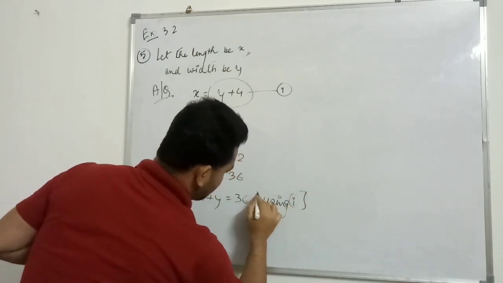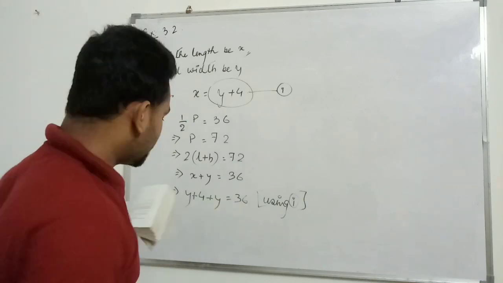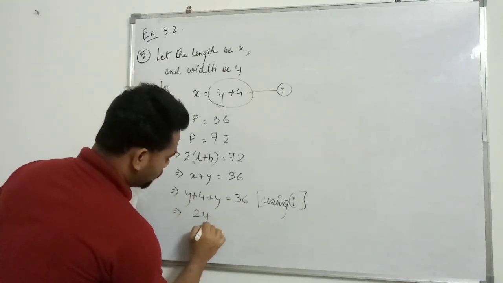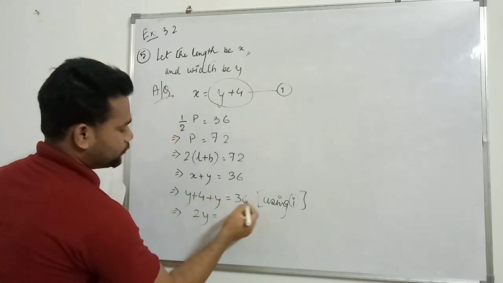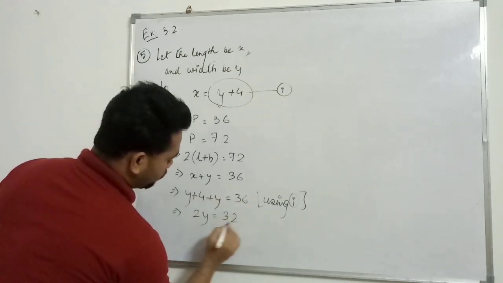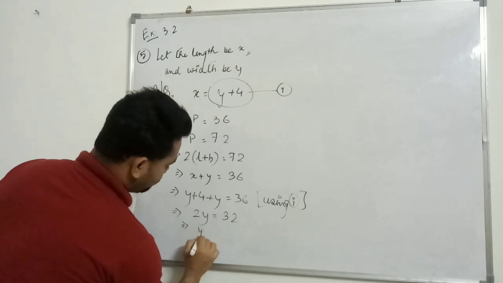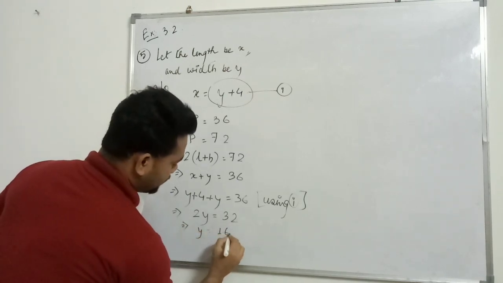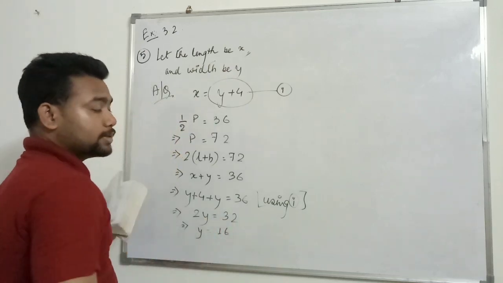Solve it out. y plus y is twice y. Then 36 minus 4 is 32. So y will be 32 divided by 2, which is 16. That is y equals 16.